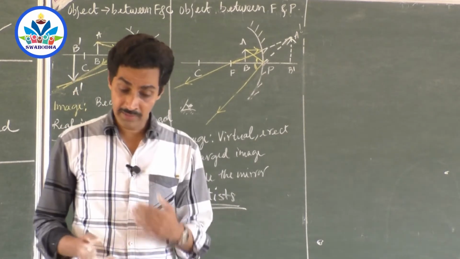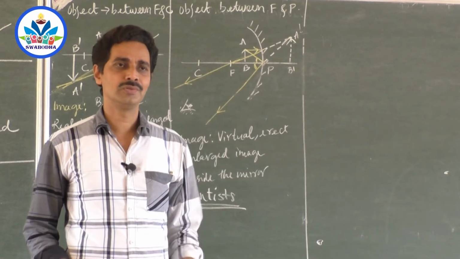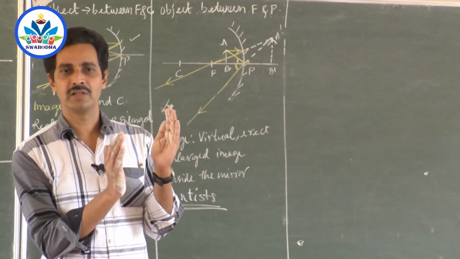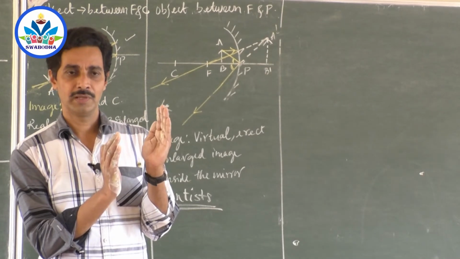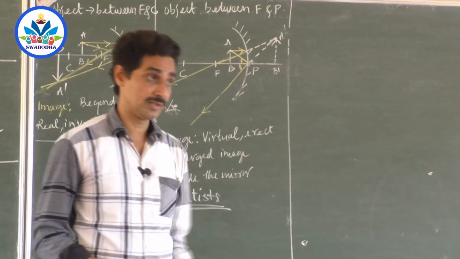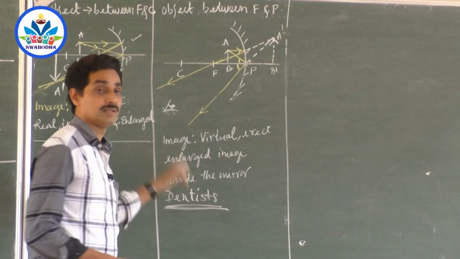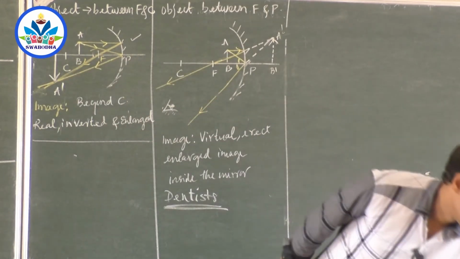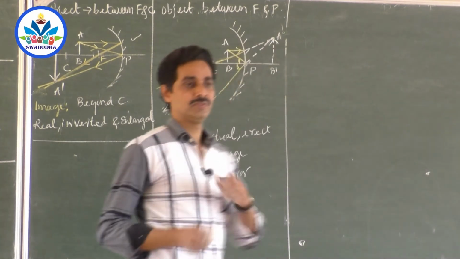And if you are asked why dentists use a concave mirror, it is because if you place an object within the focus of the concave mirror, it forms an enlarged virtual image. That is why dentists use this, and that image helps them to check the problems with the teeth. Okay.